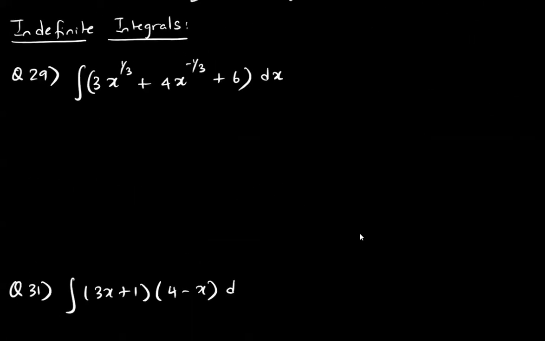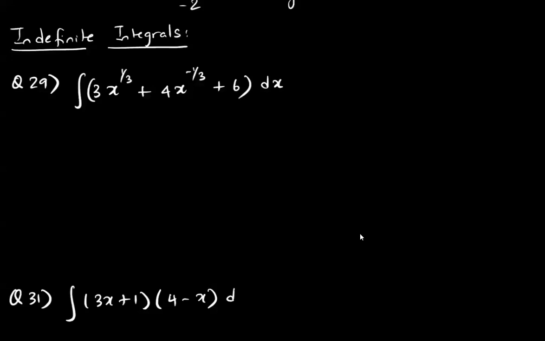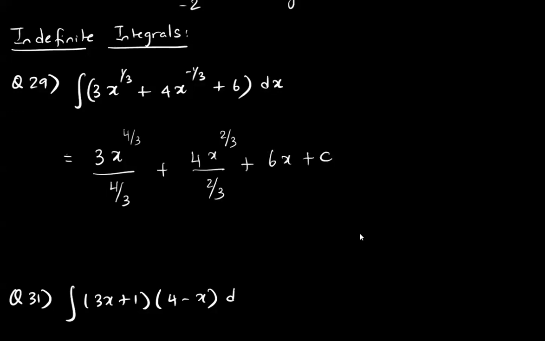Okay, so now we're going to do the same thing here. We are seeing the integration symbol. So we're taking the integral, which is also like we're just taking the antiderivative. So how do you do that? Apply the power rule here: add 1, 1/3 plus 1 is 4/3, and then you divide by the new power, plus 2/3 over 2/3 plus 6x plus c.